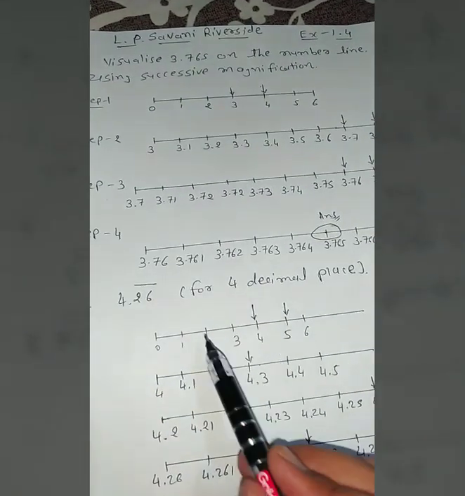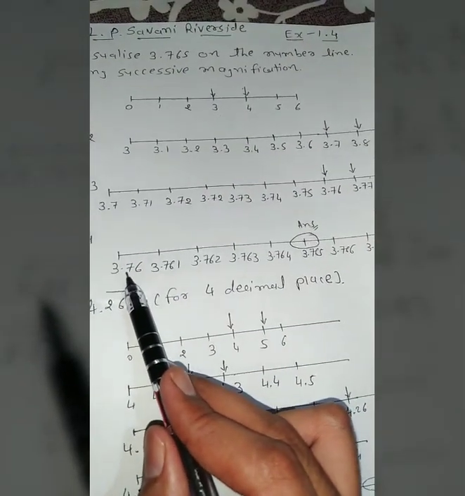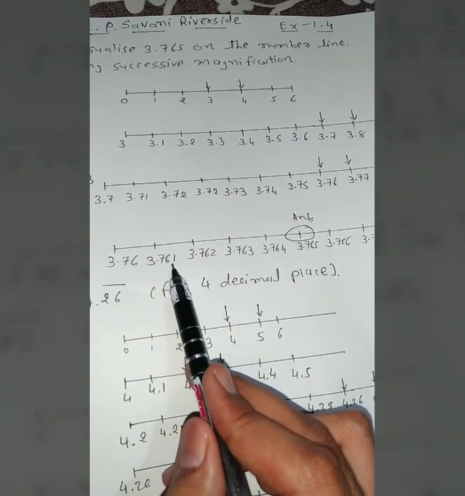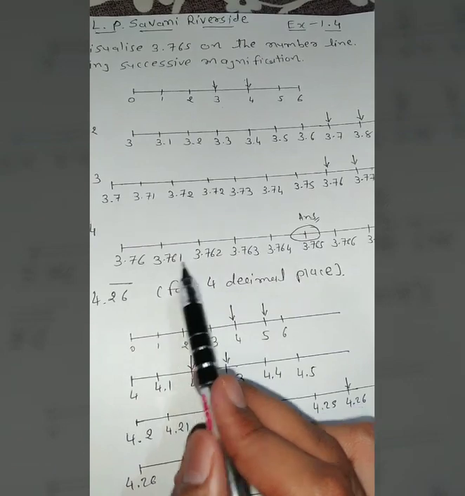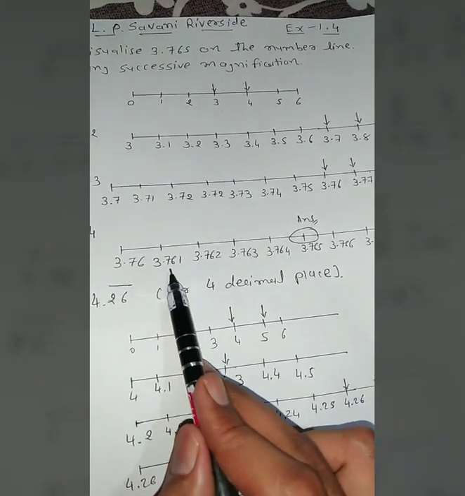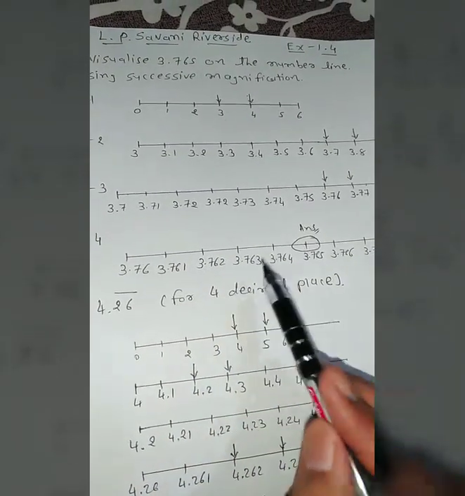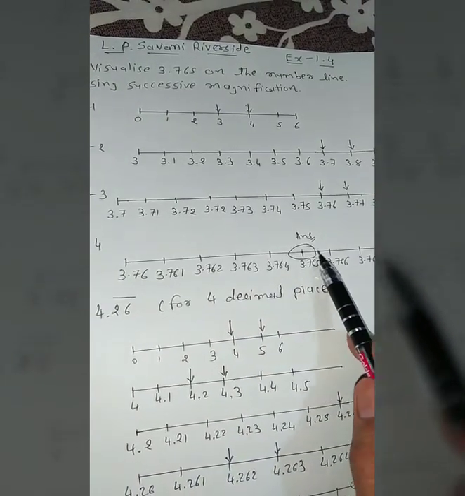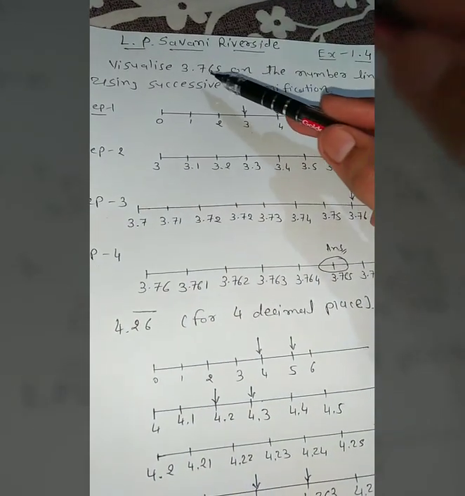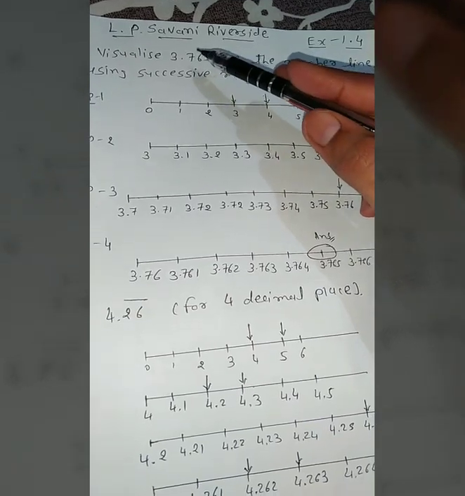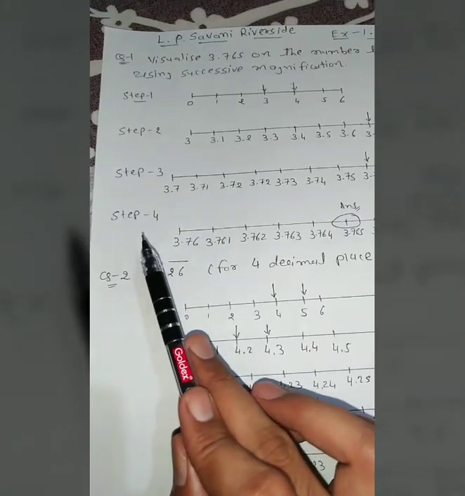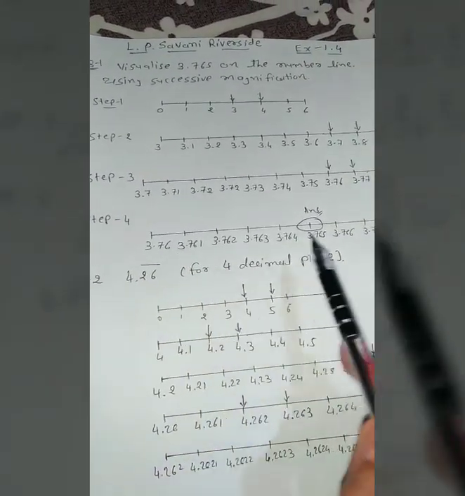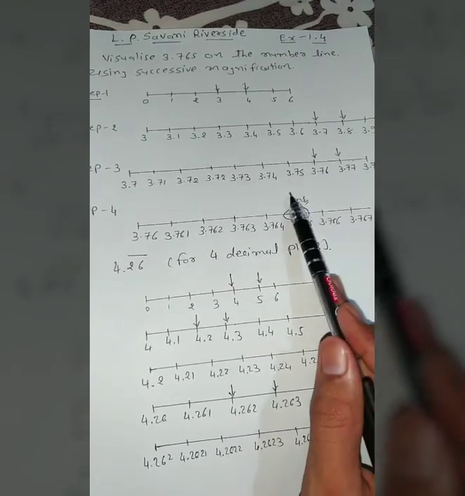First I write 3.76 and add a new digit after it: 3.760, 3.761, 3.762, 3.763 up to 3.765, because I want to indicate 3.765 on this number line. So here in step number 4, I can find 3.765, which is our answer.